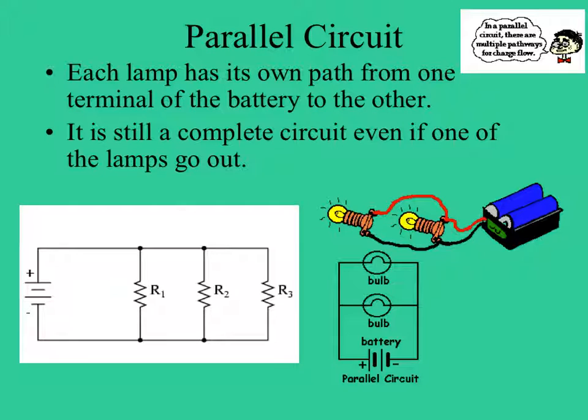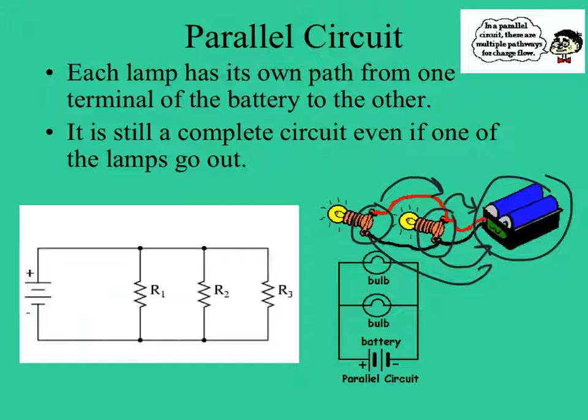To officially define a parallel circuit, let's take a look at these circuits and schematic diagrams. Here is your battery pack, and notice that this light bulb has the possibility for electricity to flow to the negative and positive end, but so does this light bulb. That means they're both, in a way, each individually hooked up.